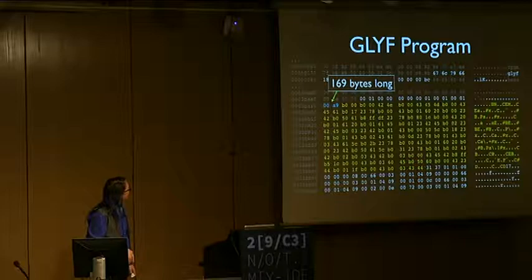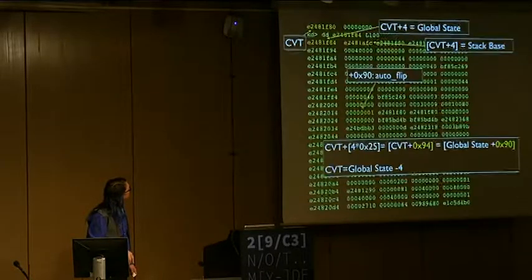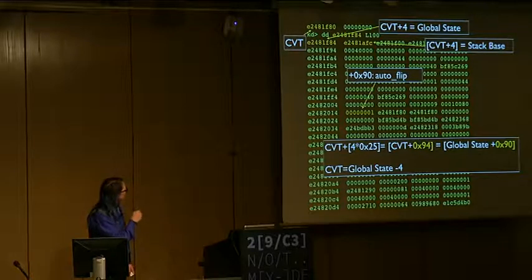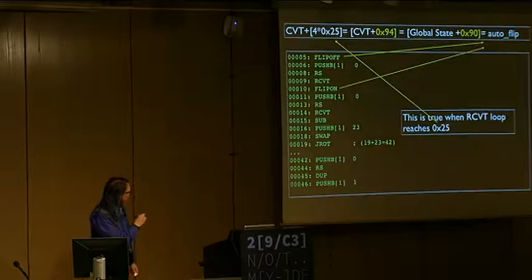Anyway, and so blah blah blah. You go along, and eventually you get to there. It's walking along, and then it gets to here, and this bit goes from 0 to 1, and then 1 to 0, and so forth. It says, aha, I know where I am now. I'm 90 bytes past the end of this thing, or 25 loops through.